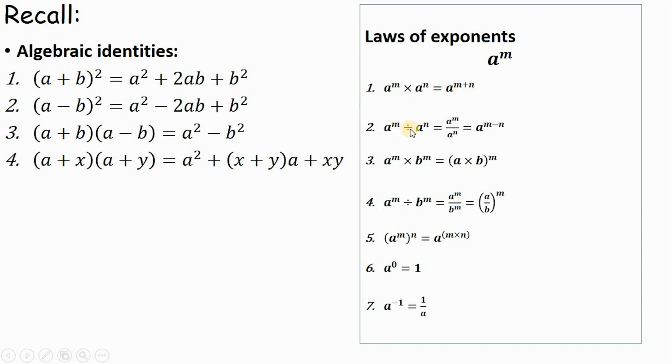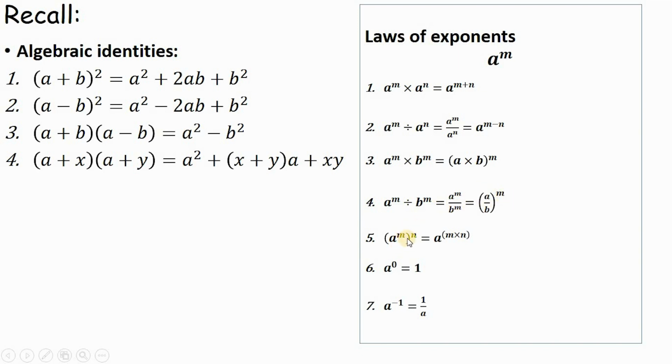Similarly, while dividing a power m by a power n, you can write this as a power m by a power n, which is equal to, now bases are the same, powers are different, so you'll subtract over here. Similarly, when the powers are the same, we'll take the power common and multiply the 2 bases, and when the powers are the same during division, we divide the bases and take the power common.